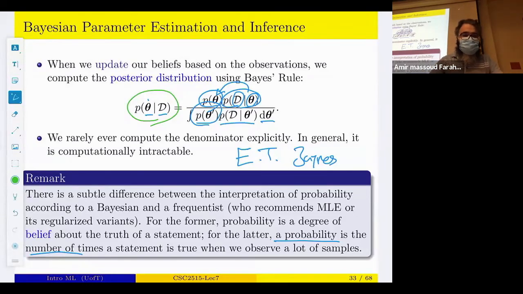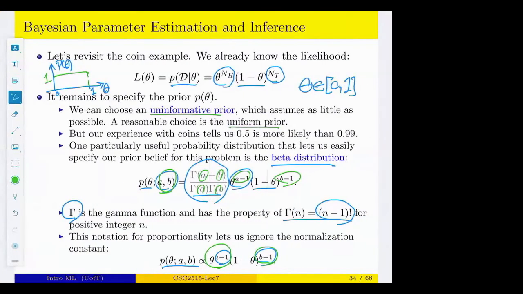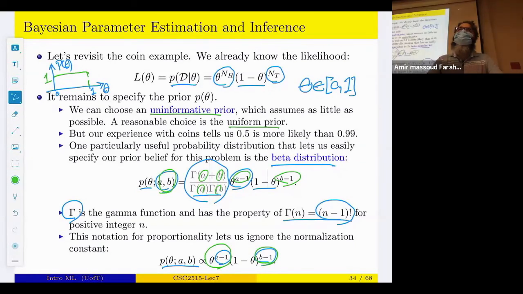So there's a question. My question was, does the uninformative prior make it so that our process kind of degenerates to the frequentist approach? I guess in this case, yes. The motivation is not just to make it exactly the same as the frequentist approach.